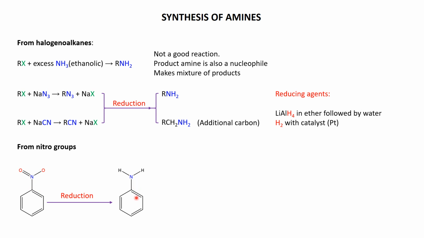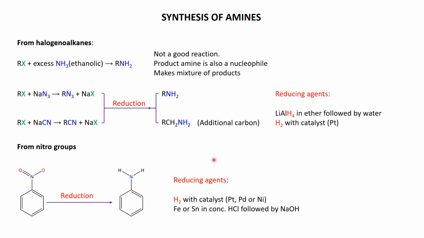It's going to feature even more in later movies in this particular module. Again, what do you use for the reduction? Well, you can use the hydrogen with the catalyst, or, if you're intent on using metals, you can use powdered iron or powdered zinc in concentrated hydrochloric acid, and then you just basicify it or neutralize it with sodium hydroxide.